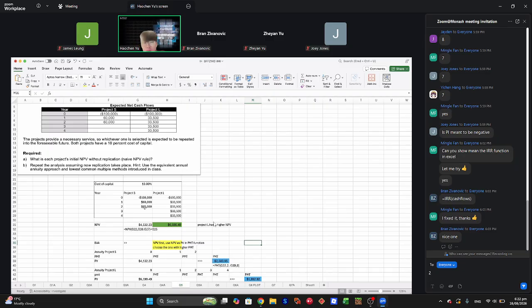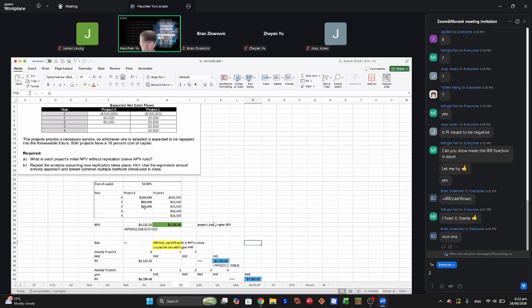But what if the number of years is not 2 years and 4 years? In this question, it's 2 years and 4 years, so it's very straightforward to get the lowest common multiple. What if one project takes 3 years, the other project takes 7 years? Then in total, there will be 21 years.